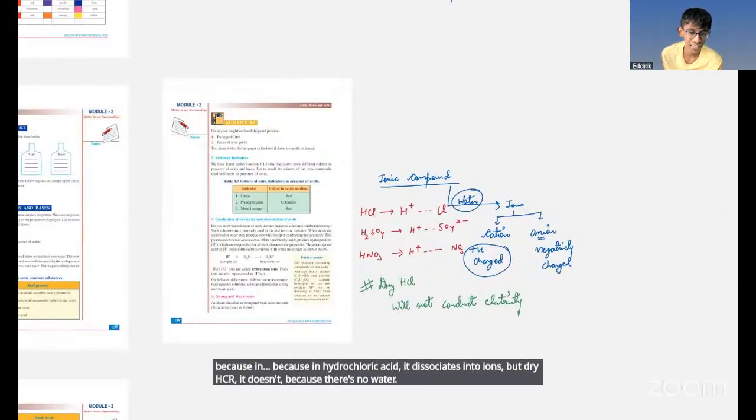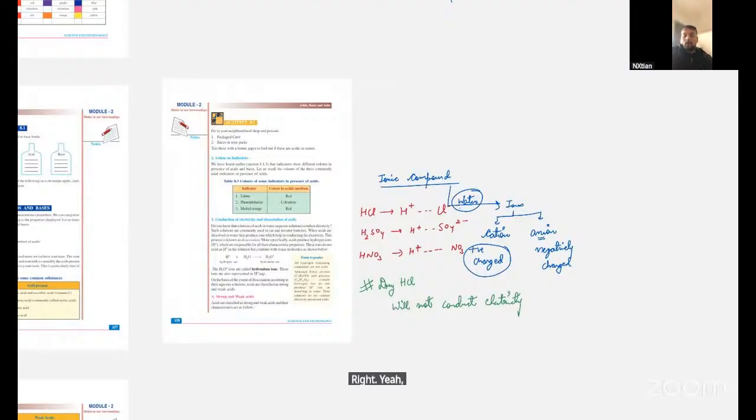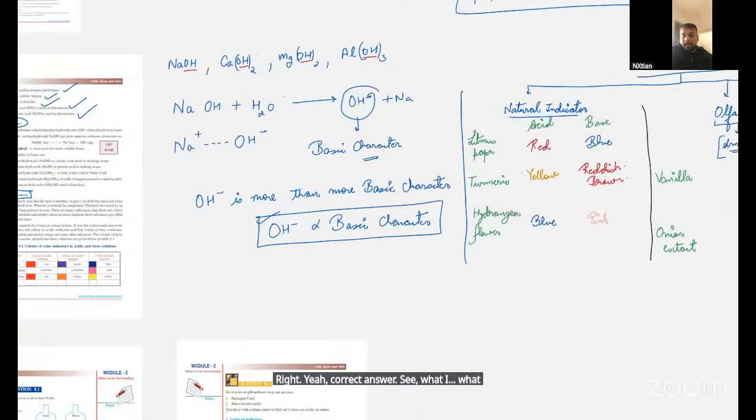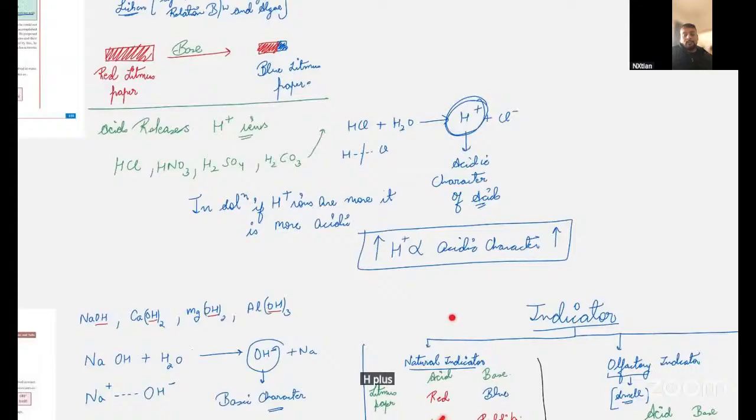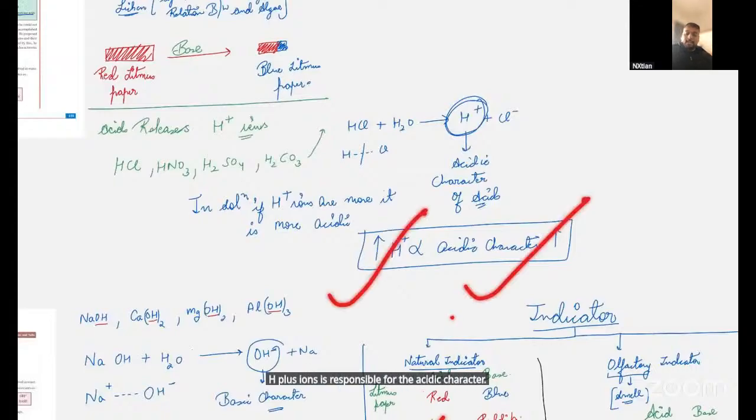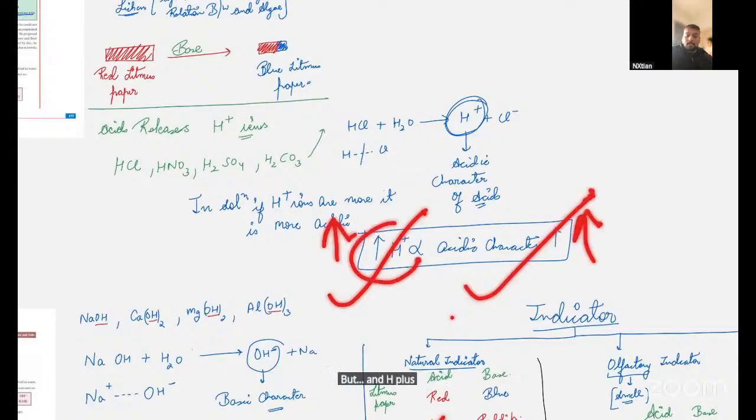Yeah, correct answer. See, what I told you: H plus ions are responsible for the acidic character. If H plus ions are more, acidic character will be more. But H plus ions only dissociate when water is present.